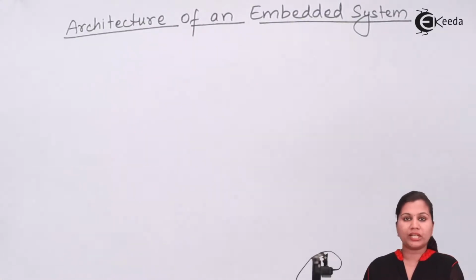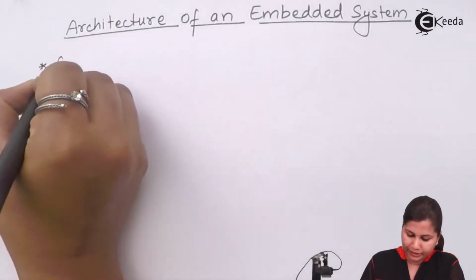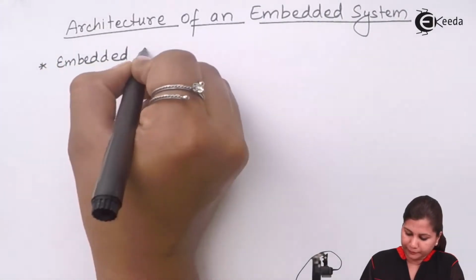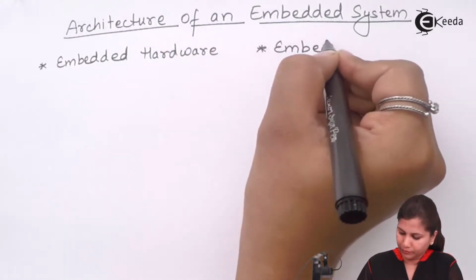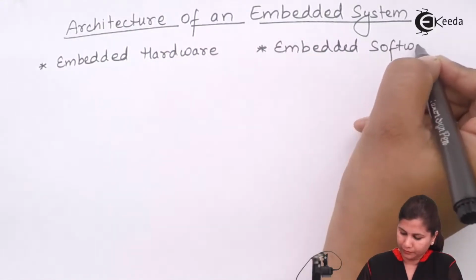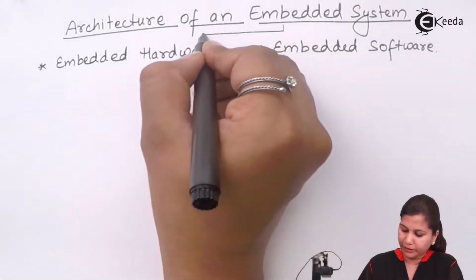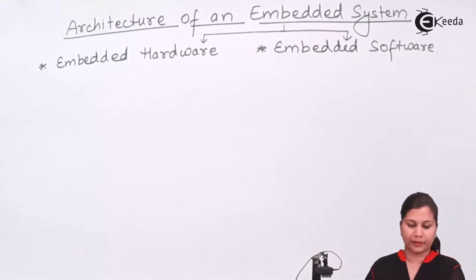So the two main parts of the embedded system are the embedded hardware and embedded software.